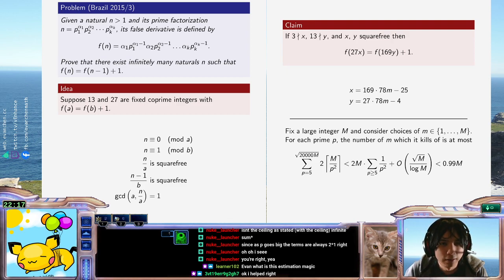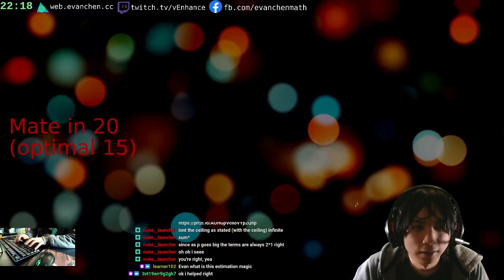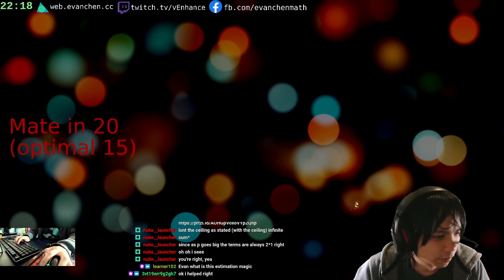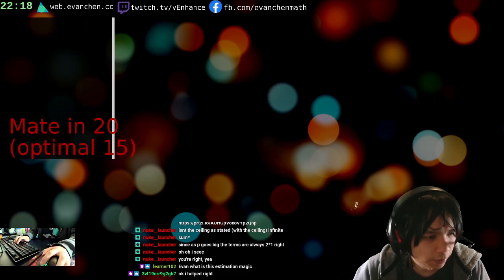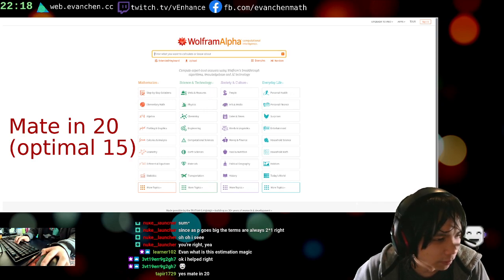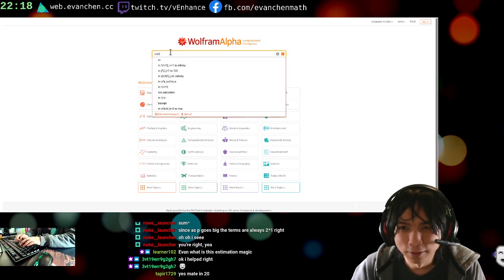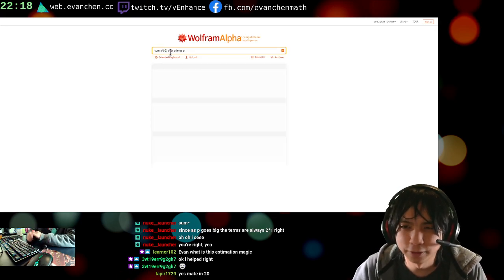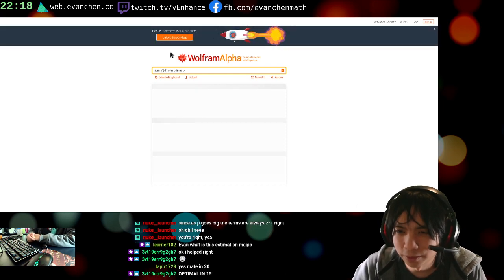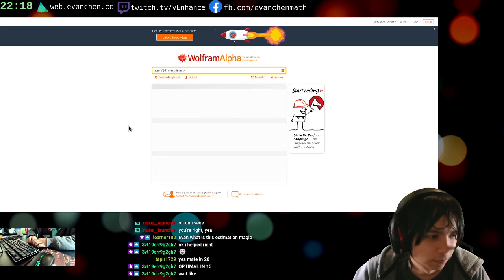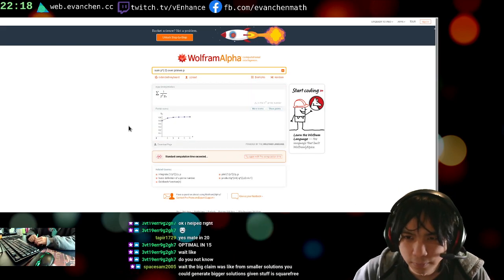Wolfram Alpha dot com. Yes, you helped. Oops. No. Okay, no, go away. I don't need chessboards anymore. Sum p squared, p to the minus 2. I'm actually curious what the value is, just because it does matter for this proof. I think for us it's not too hard to bound. But, oh, come on.